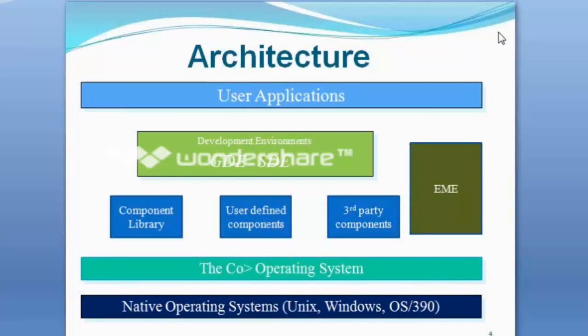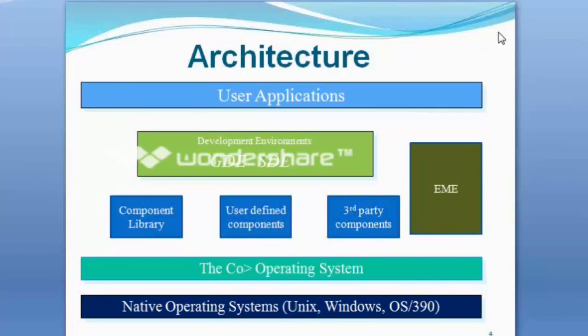Whatever applications you develop in your GDE sit on top of your machine. So we have the Co>Operating System installed on your Unix machine. The Co>Operating System can be installed on any Unix machine, Linux, Windows, any other server.